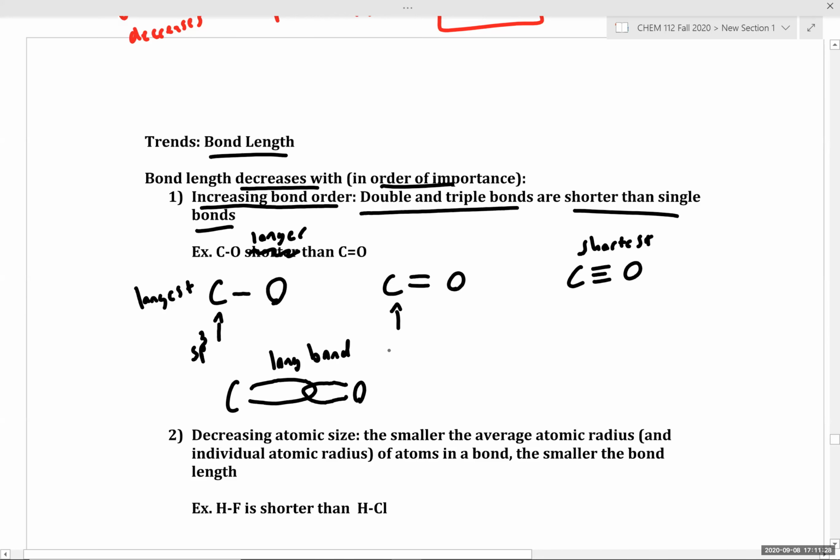If we compare that to an sp2 orbital, the sp2 orbital is shorter, a little bit closer to the nucleus, and as a result, when we look at our orbital overlap, we end up with an overall shorter bond. For our triple bond, we have an even shorter orbital that's even closer to the nucleus still, so we have our shortest bond.